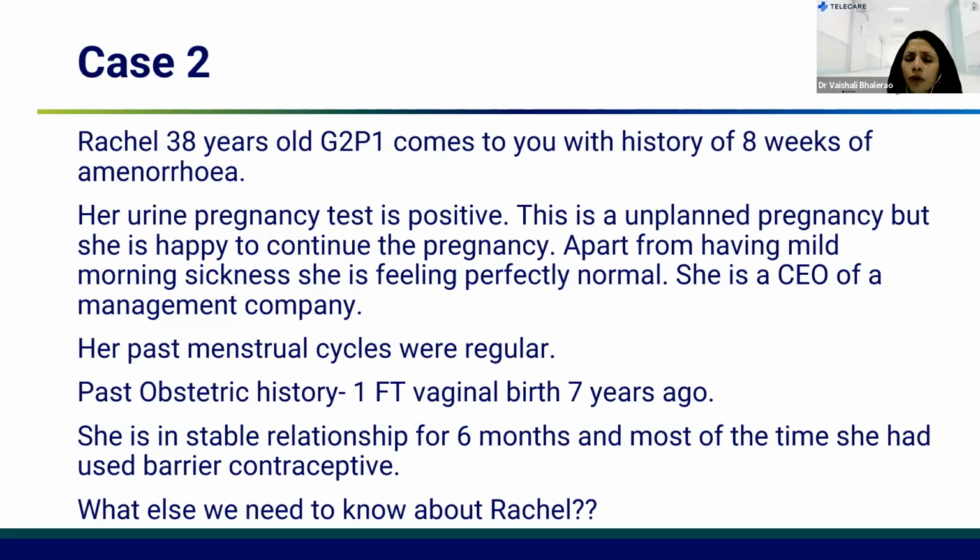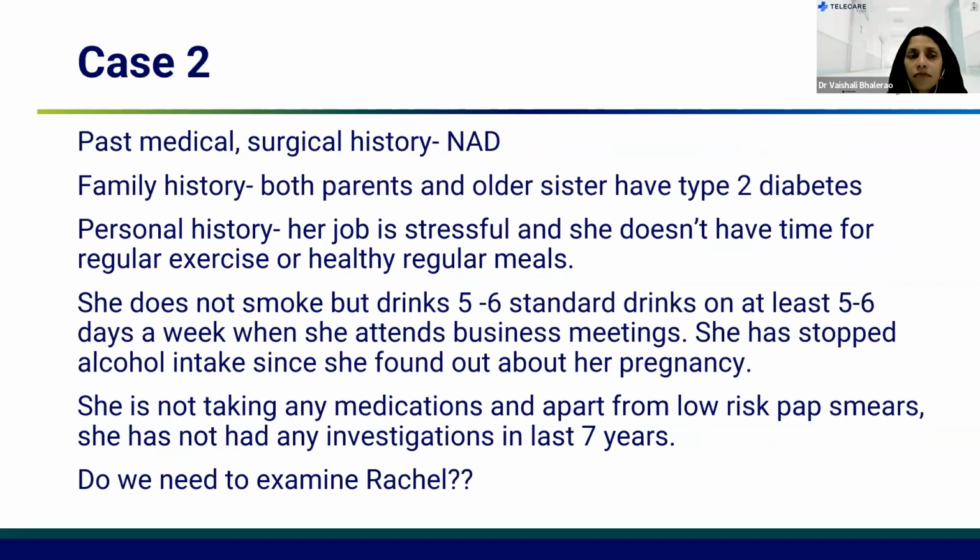So what else do we need to know about Rachel? Yes, we do need to know a lot of things about her. So past medical and surgical history was non-significant. Family history: both of her parents and older sister have type 2 diabetes. Personal history: her job is stressful and she doesn't have time for regular exercise or healthy regular meals.